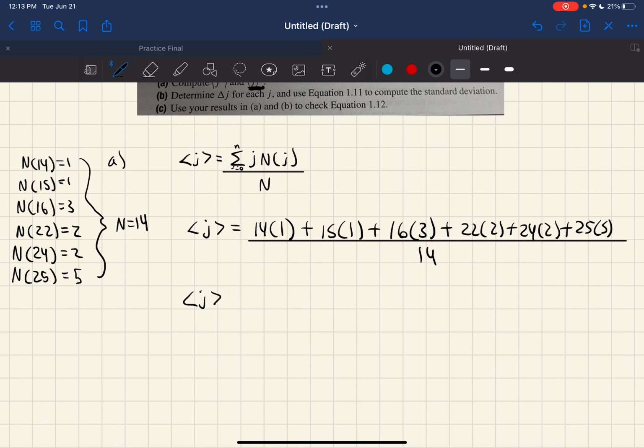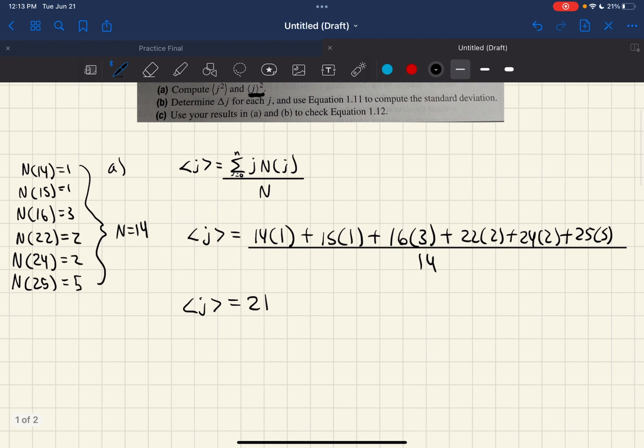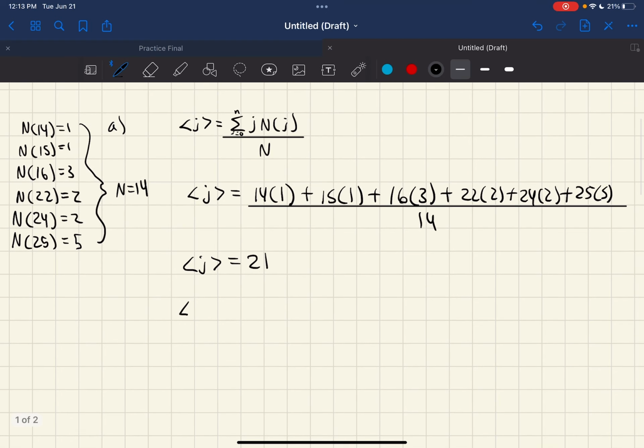When you do this math, you get 21, but we're looking for the expectation value of j, quantity squared, so we just square both sides, and we get 441. That's the first piece for part A.